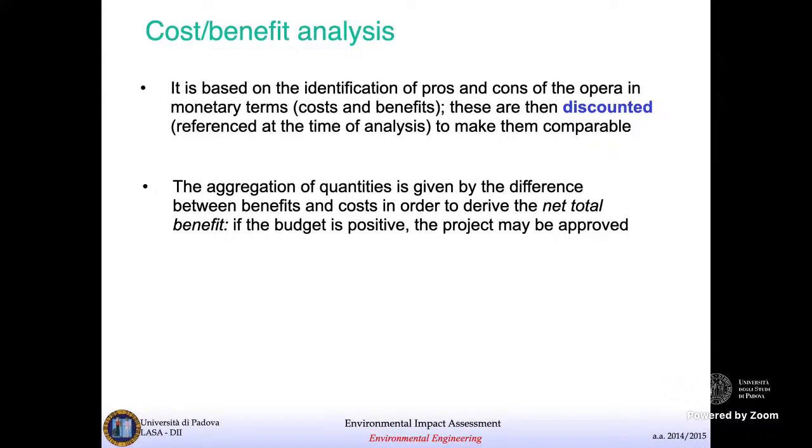So as we said, cost-benefit analysis is based on the identification of pros and cons of the opera in monetary terms. So costs and benefits are then discounted, referenced at the time of analysis to make them comparable.